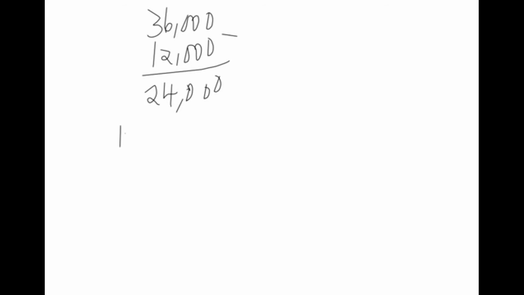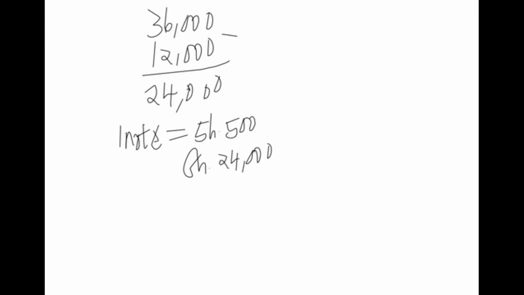So 1 note in this case equals 500 shillings. What about 24,000 shillings? How many notes will it give us? So we have 24,000 times 1 note divided by 500.